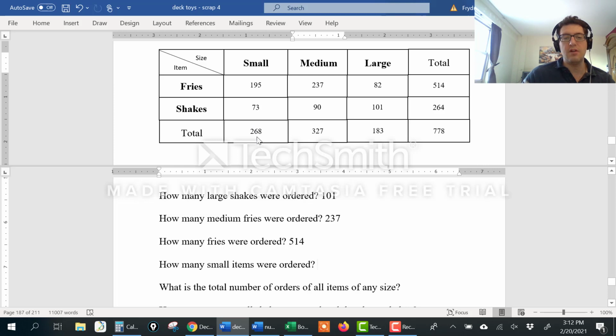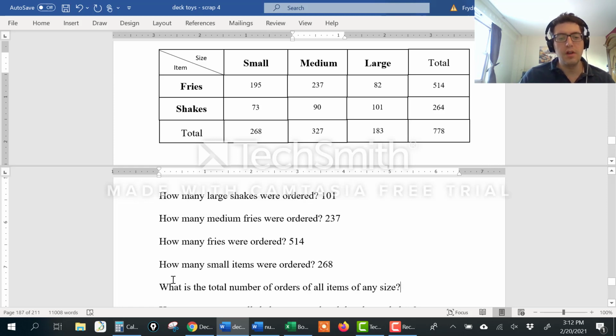So all of these rows have been totaled over here on the right, but then these columns have been totaled down here. And we can see that the total number of small items is 268. So if you add 195 and 73, then you get 268. That was the total number of small items ordered.